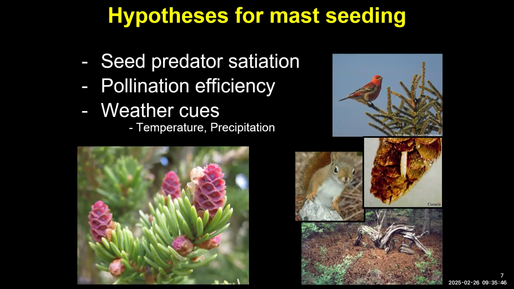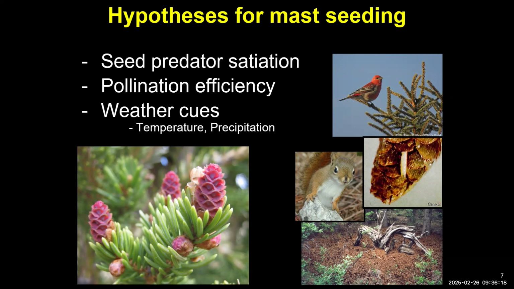And so a couple evolutionary hypotheses include the seed predator satiation hypothesis, that the idea is that if a population of plants just produce the same amount of seed every year, then those seed predator populations, either birds or small mammals or insects, would just increase their carrying capacity in order to consume all of that seed. So by having years where there's multiple years of low reproduction and then this pulse in reproduction, that could satiate those predators when there's that pulse that occurs.